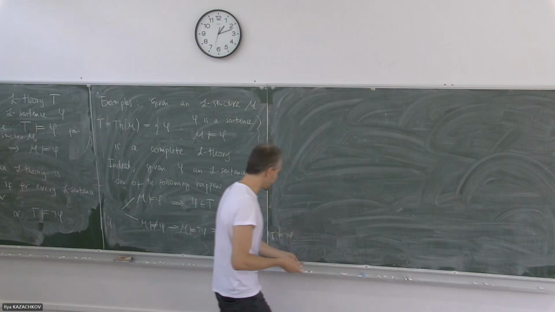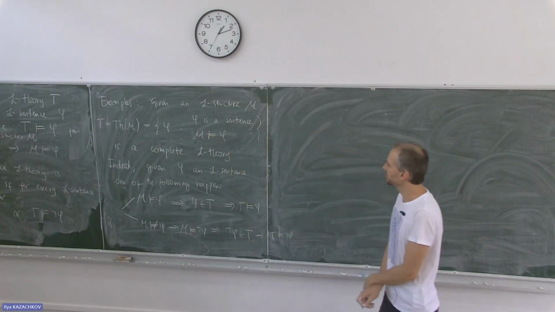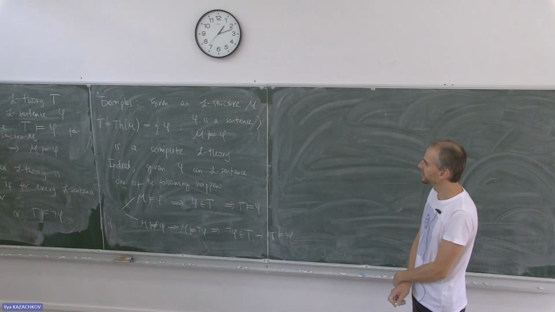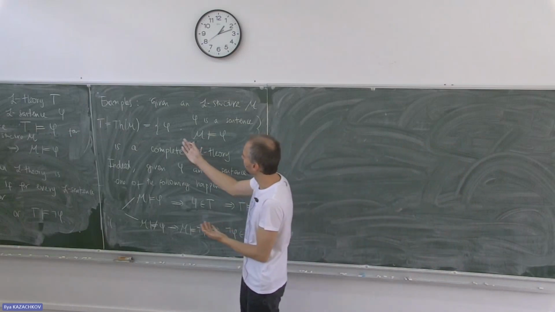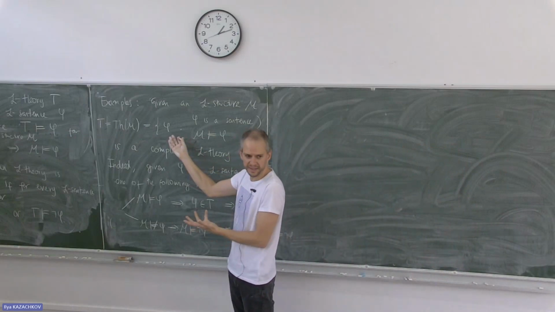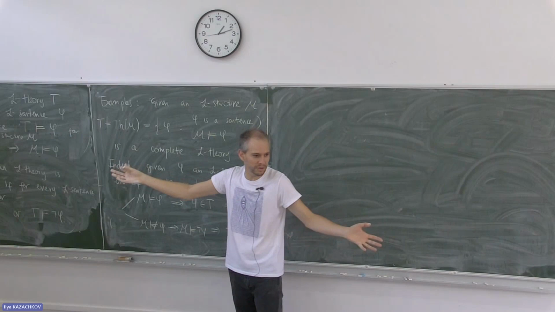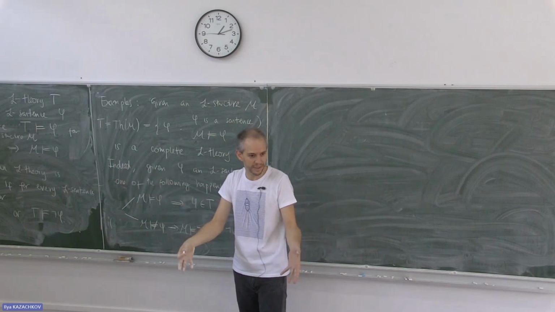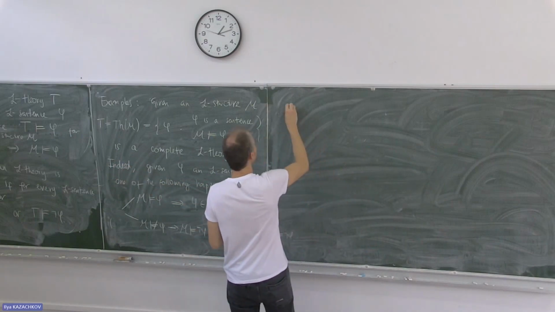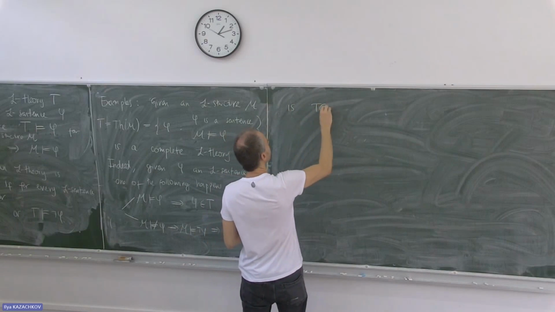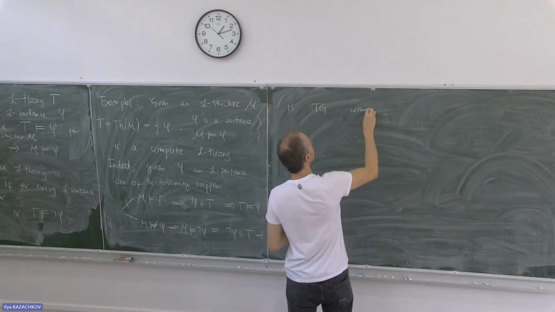Now, this was a very trivial example of a given theory, but in this case I didn't give you axioms. I just gave you all the formulas directly, right? So for example, is the theory of groups complete? We can ask this.